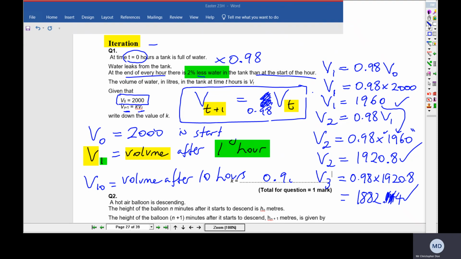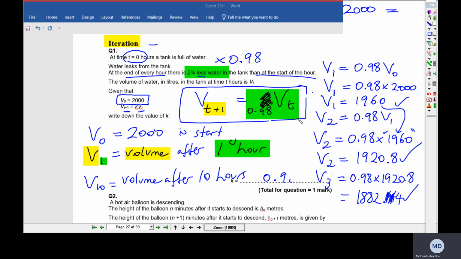You can always use your starting value, put it in the formula, get the first answer, then use that, get the second, get the third. Or in your calculator, you type in the starting value, just type in 2000 into your calculator and press equals. It puts the starting value in, and then we type in the formula. Now, the formula that we type into the calculator is always the right-hand side bit.